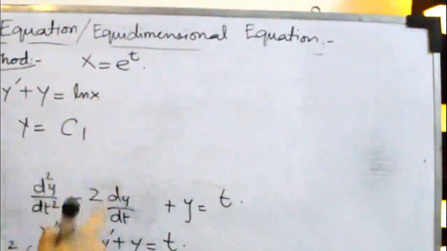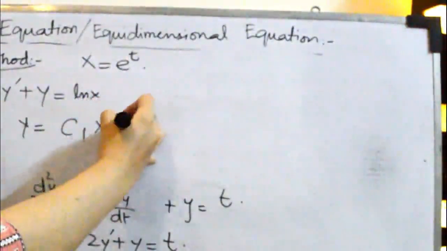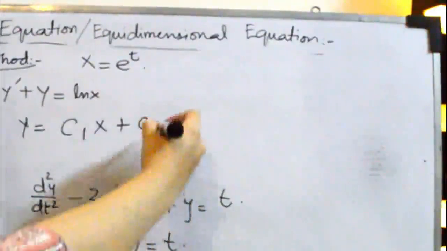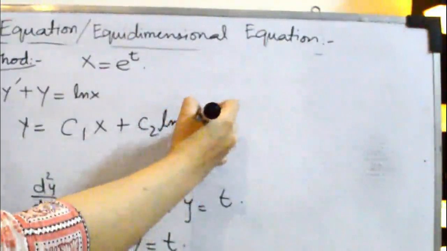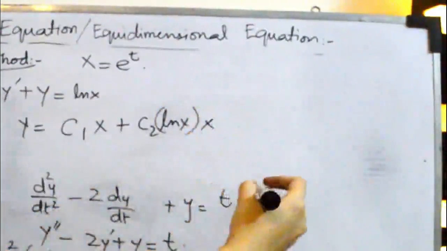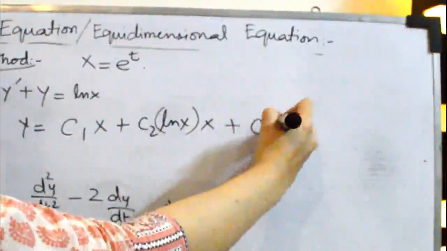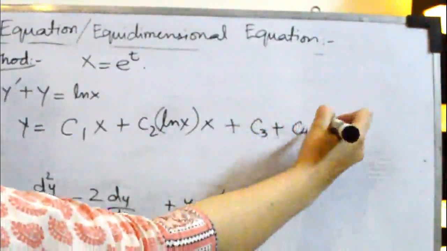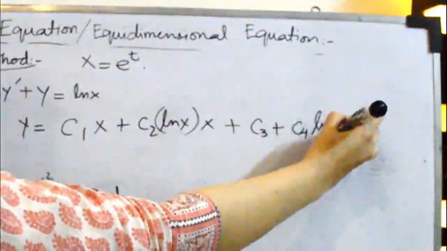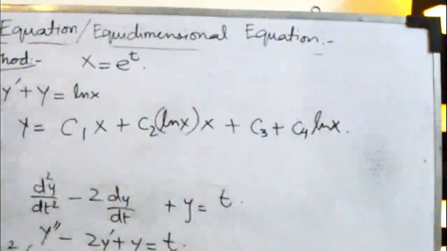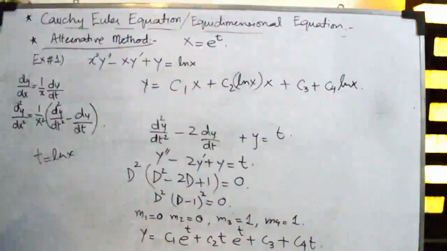So that becomes c1 x plus c2 natural log of x times x, plus c3 plus c4 natural log of x. So that is the solution of the given equation. If you have any questions, you can ask me.